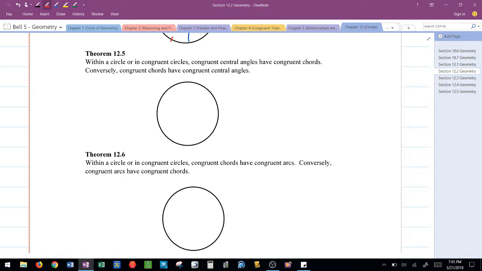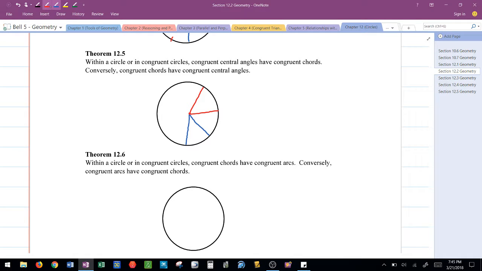So let's use that same kind of example here, where let's say that we have a central angle like this, and a central angle that's very similar in its drawing. It maybe looks something like this.